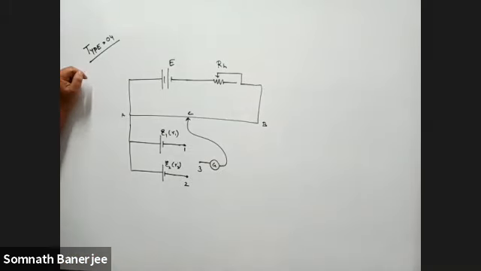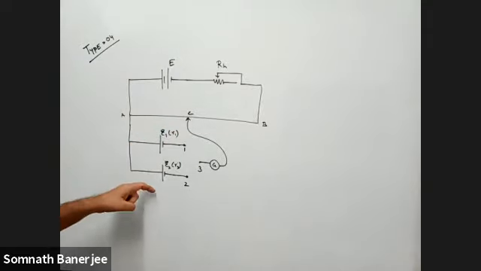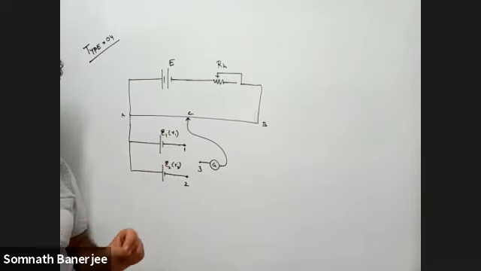Now type 4. So this one up to that portion is same. Now we have two EMF or secondary cell, E1 and E2 with internal resistance R1 and R2.